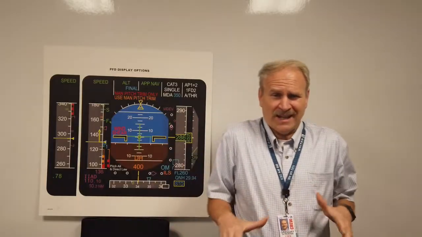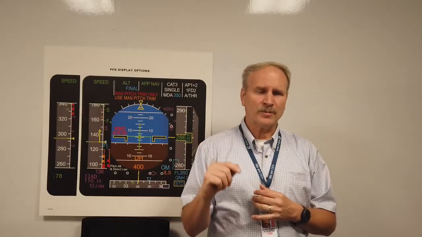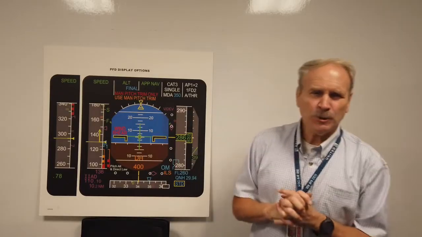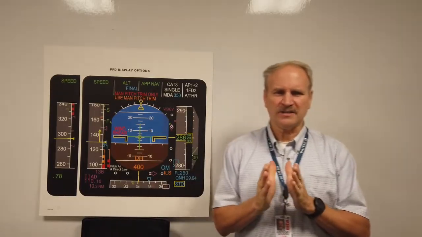You can see their bodies tense up, and they're just not comfortable with what they're seeing there. But I'm here to tell you, properly understood, bringing in track FPA is enormously powerful when it comes to flying this raw data ILS approach. So it's too powerful to leave out of the discussion. So I'm going to spend a little bit of time talking about that.